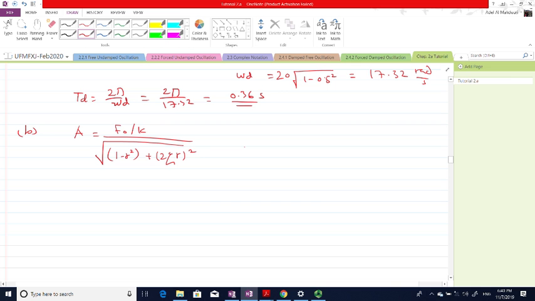It's R, not omega. Zeta is the damping ratio, but R is the frequency ratio. So frequency ratio R will be omega over omega naught. Okay.